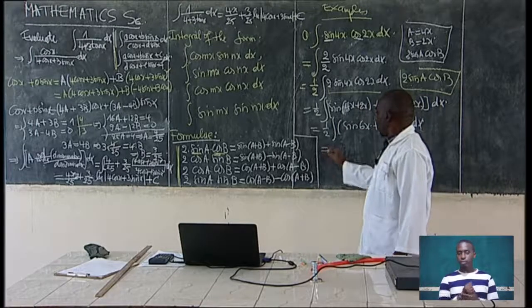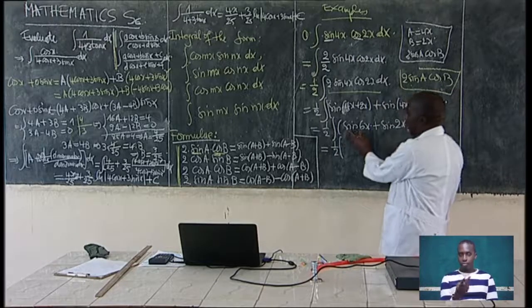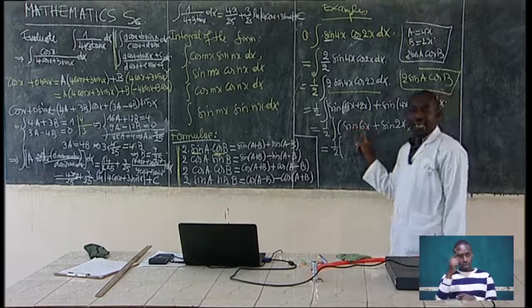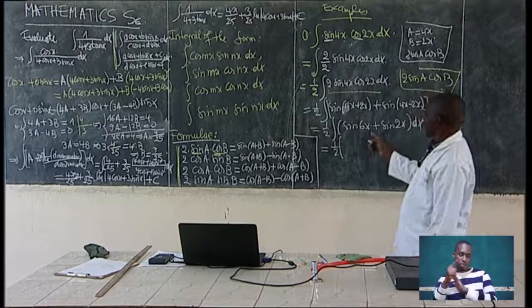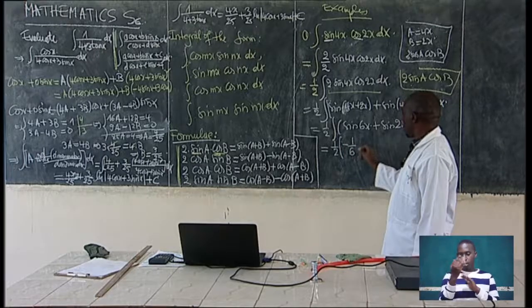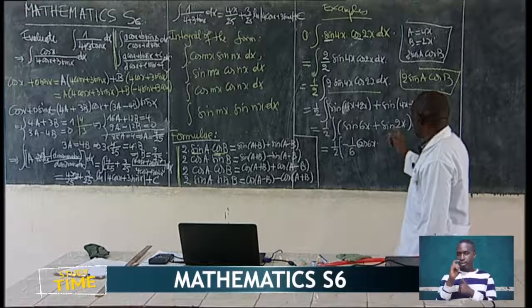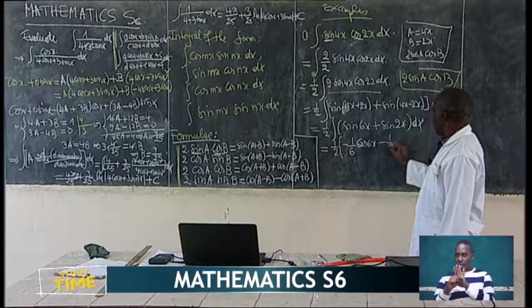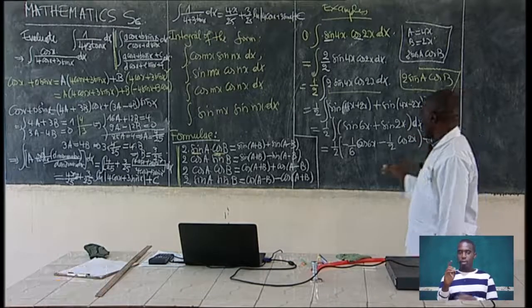We get a standard integral. This is a half times the integral of sine ax, which is minus 1 over a cosine ax. For me, a is equal to 6, so I have minus 1 over 6 cosine 6x. Even here it will be minus a half cosine of 2x, then plus c.